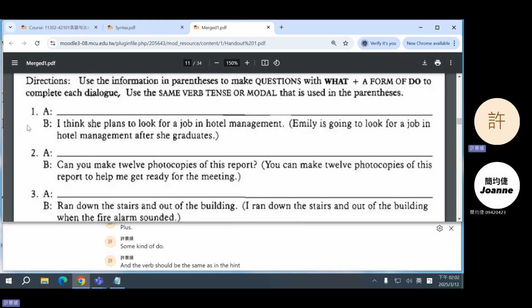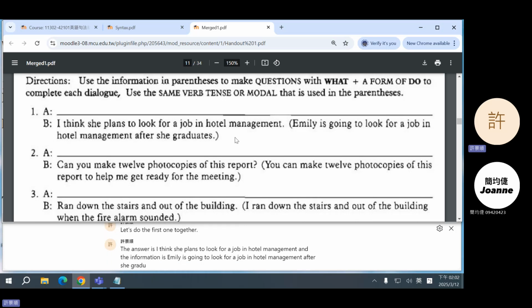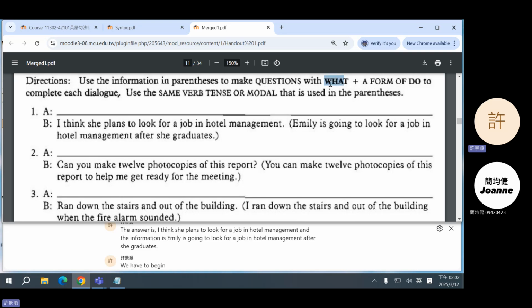Let's do the first one together. The answer is, "I think she plans to look for a job in hotel management." And the information is, "Emily is going to look for a job in hotel management after she graduates." We have to begin with "what" and some kind of "do". So in this case, the key is "I think".